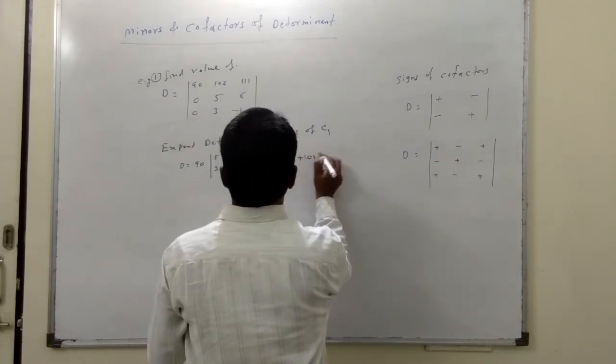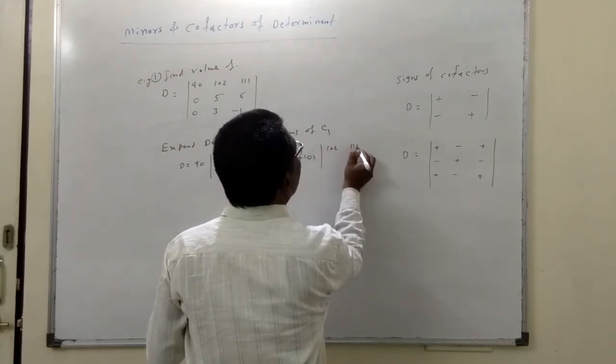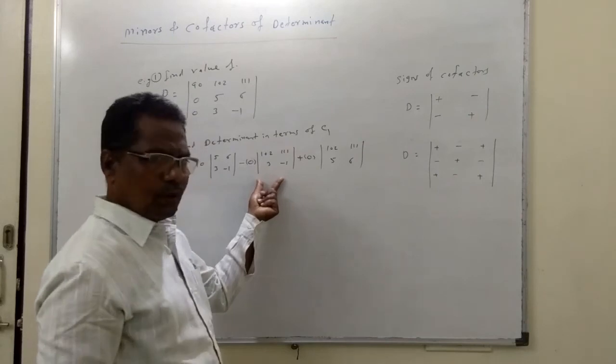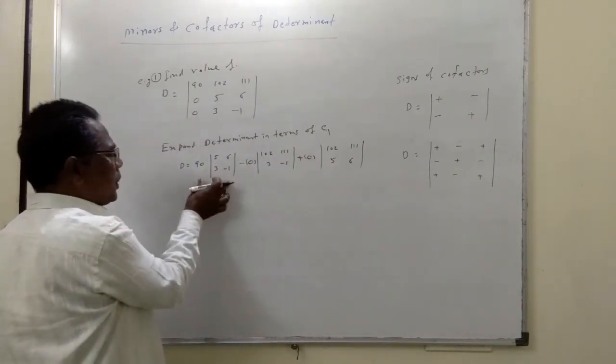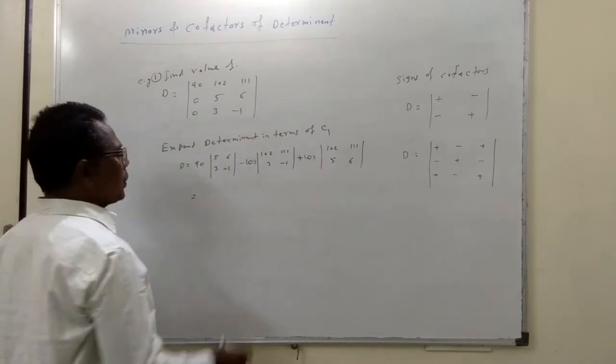So 0 into 1, 0, 2, 1, 1, 1, 5, 6. In practice this is not essential to write. You drop these steps. This is only the solution. For your understanding of the cofactors, I have written it.